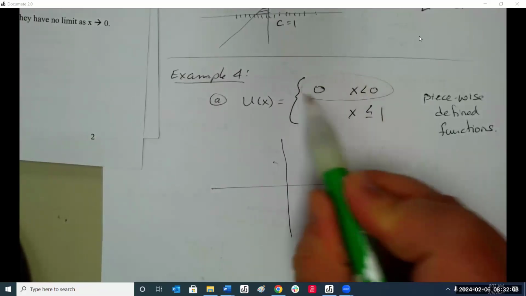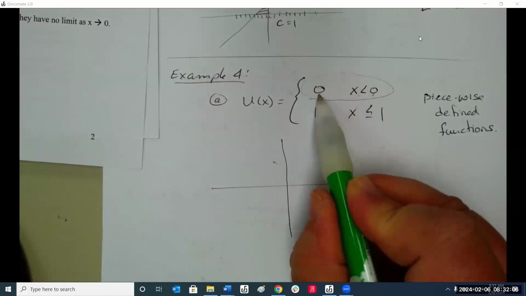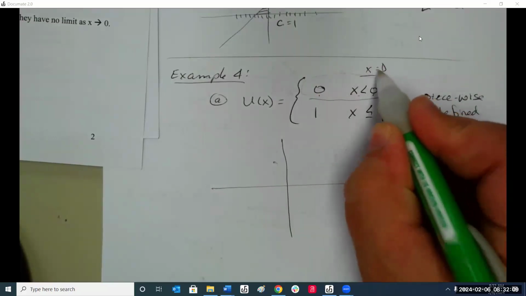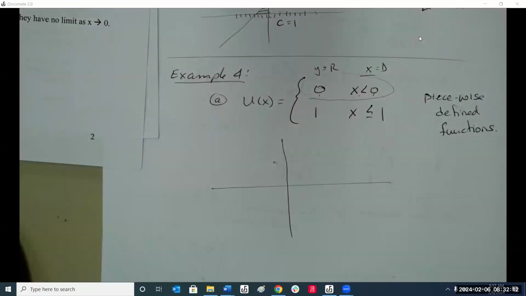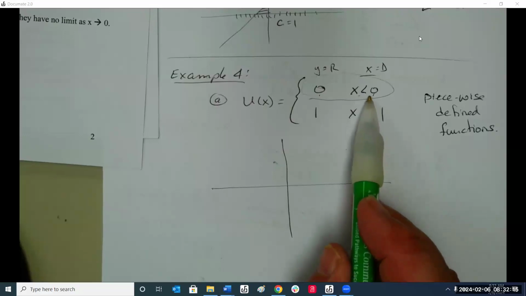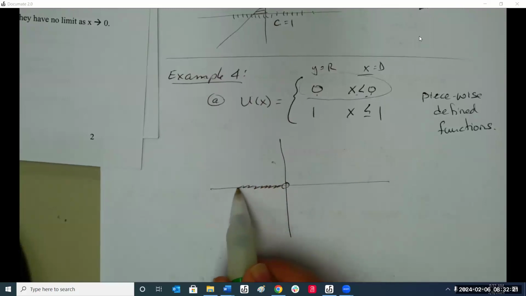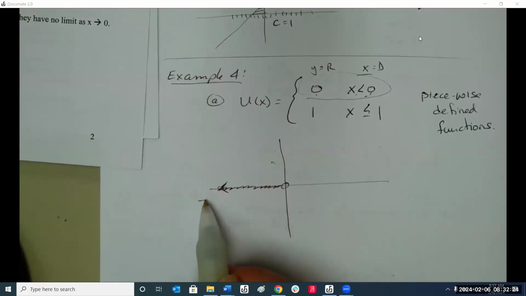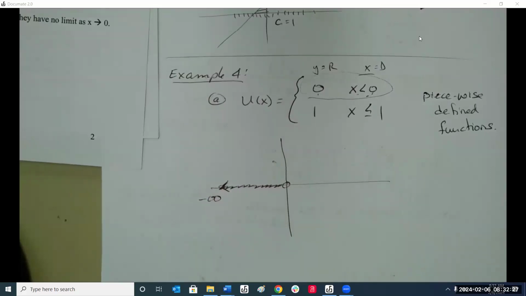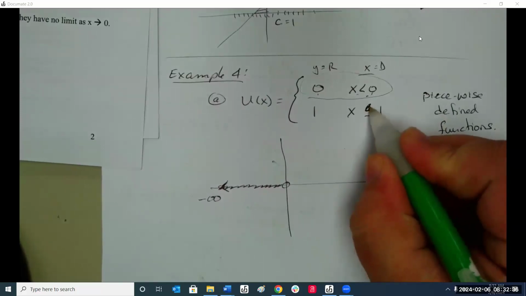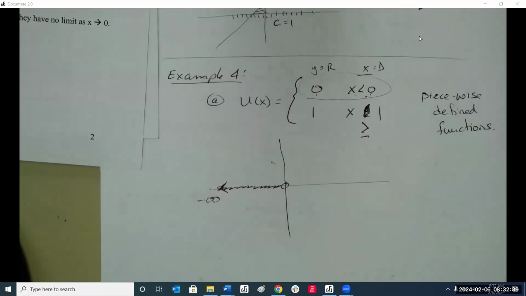Here's the first piece. For any value less than 0, these are the x's, the domain, and here are the y values, the range. So for everything less than 0, it starts at 0, and the rest of it is 0, going to negative infinity. Actually, no, we have to make it because this has to be greater than or equal to 1, because the statement we made earlier, none of the limits below exist as x goes to 0.